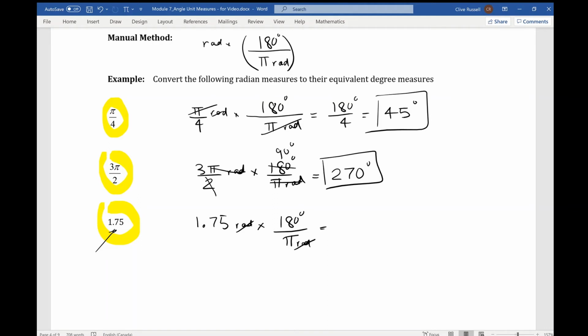Now if you plug in your calculator 1.75 times 180 divided by your pi button, do not put 3.14 or any such thing, enter the pi button itself, and if you do that, you should get 100.2676 and a bunch of things degrees. But again, based on our rounding rules, we round to 1 decimal place. It's going to be 100.3 degrees.